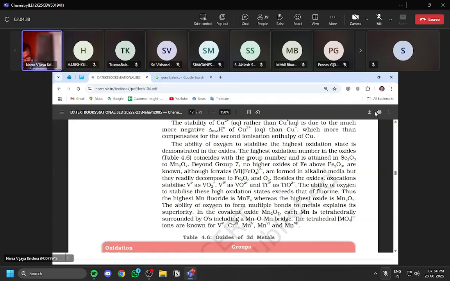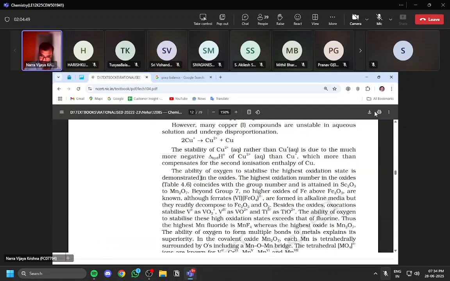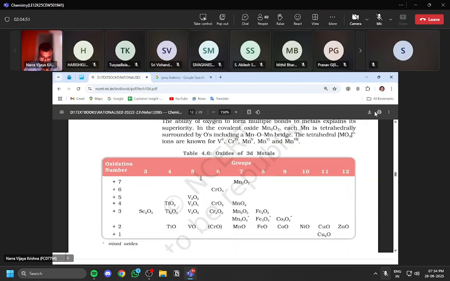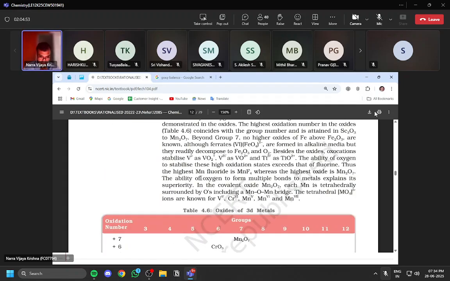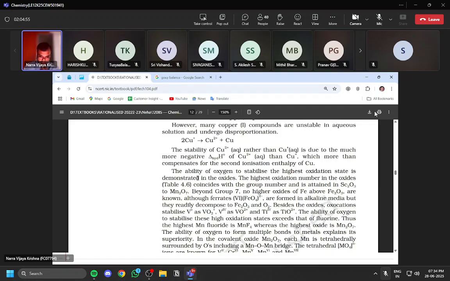Is there any such statement as higher lattice energy?